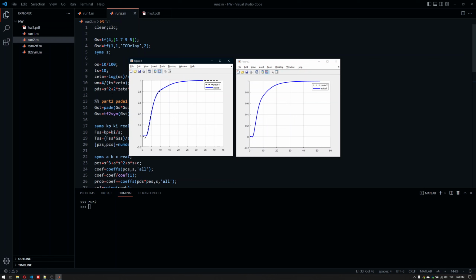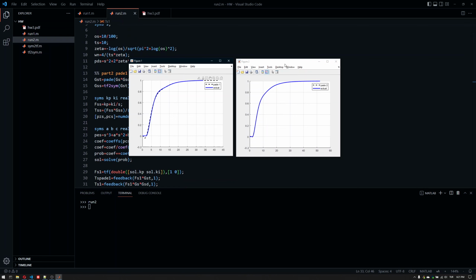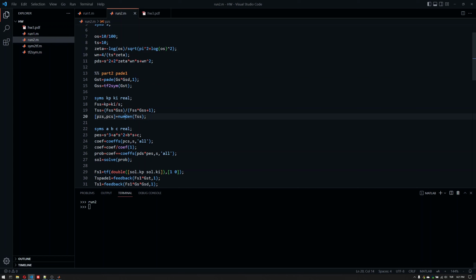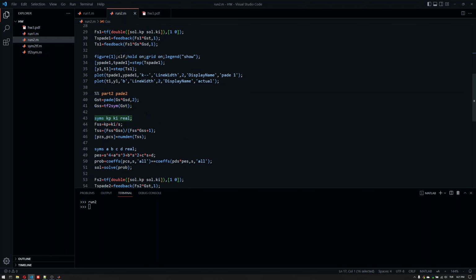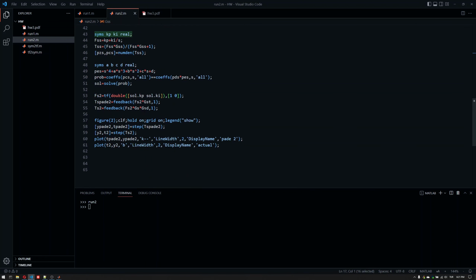And second of all, we allowed a 10% overshoot. That's also not happening here. And the problem is that we have just not that much control over our system because with KP and KI, we have only one solution here, and there's no way of optimizing this.